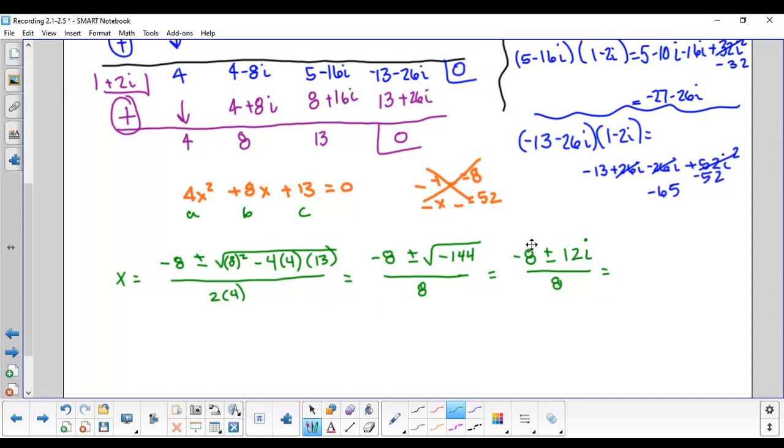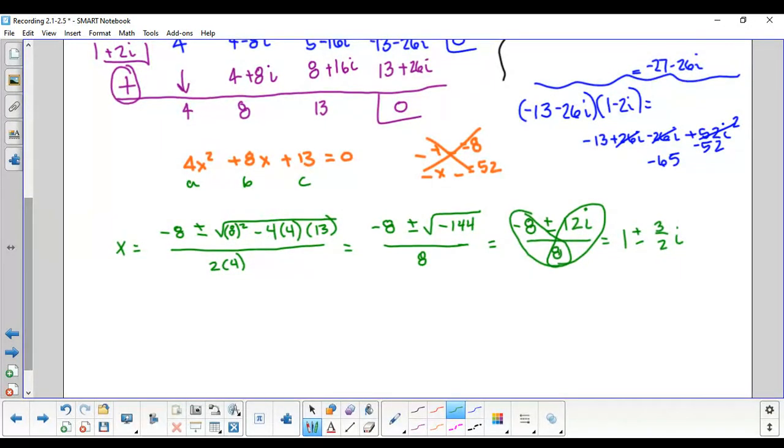So negative 8 divided by 8 is going to give us negative 1. And 12i divided by 8 is going to give us 3/2 i. I divided the 12 and the 8 by 4 to get 3/2. There are my remaining 2 zeros. All of these zeros are going to be complex.